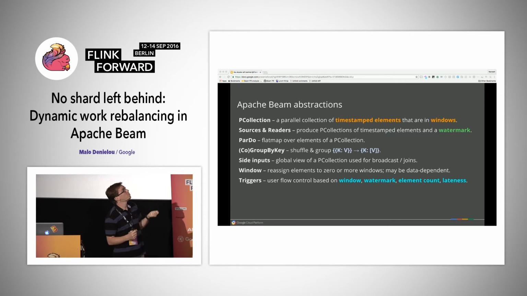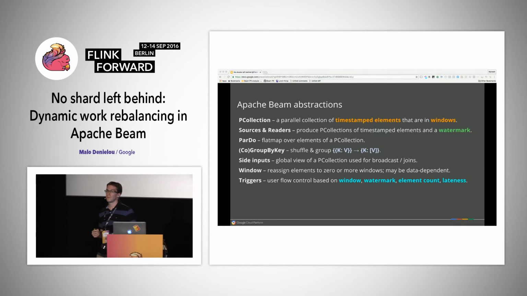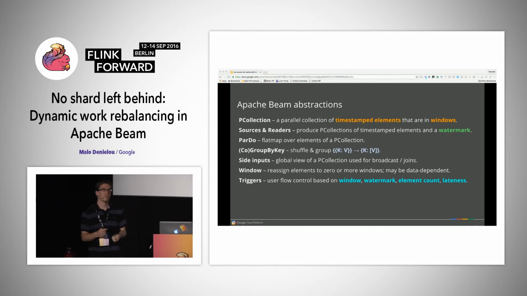So the notion of time is essential, as Ken's presentation showed. Every element of a PCollection has a timestamp associated with it, whether it's in a batch pipeline or a streaming pipeline, and is part of a window. And this PCollection can be bounded or unbounded.